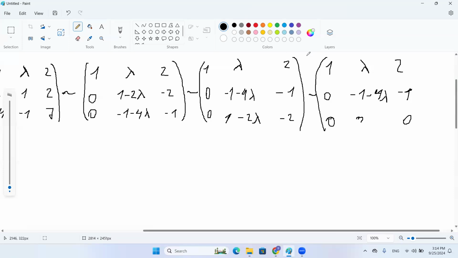Can we just swap the second and third columns and then create the triangle under the main diagonal? Yes, we can.